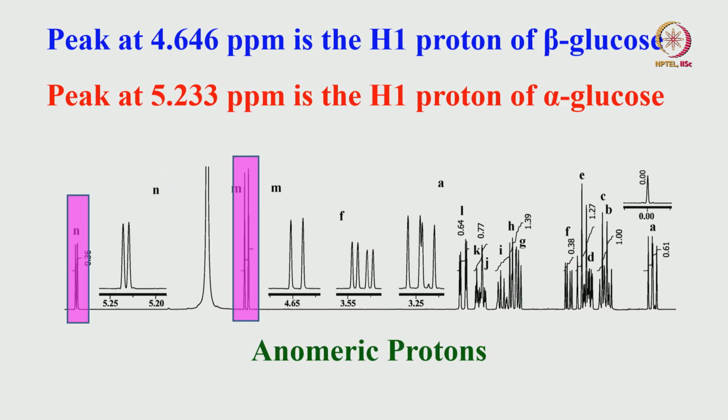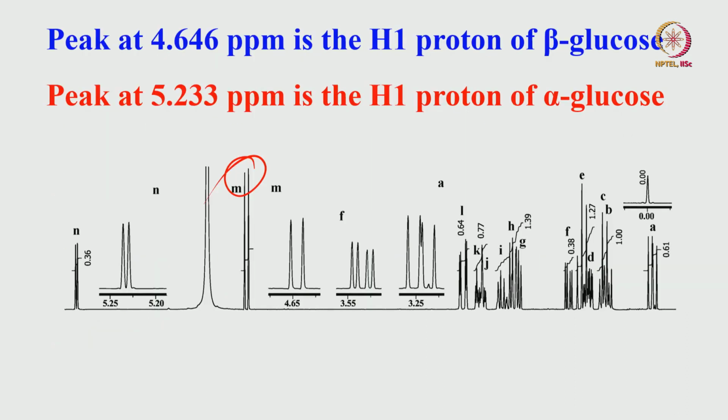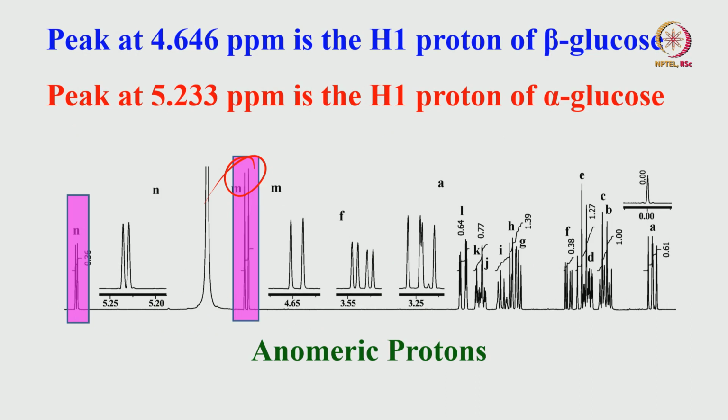I will show you in the structure here. Look at the NMR spectrum: the separation is quite large, so obviously that has to be beta glucose. Using the coupling strength of the anomeric protons' splitting pattern, where the larger coupling belongs to beta, I can make the assignment. So this is beta, this is alpha.